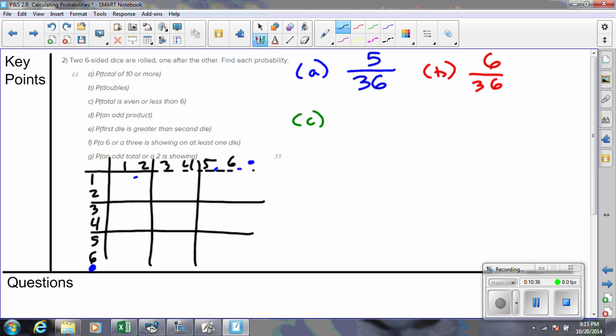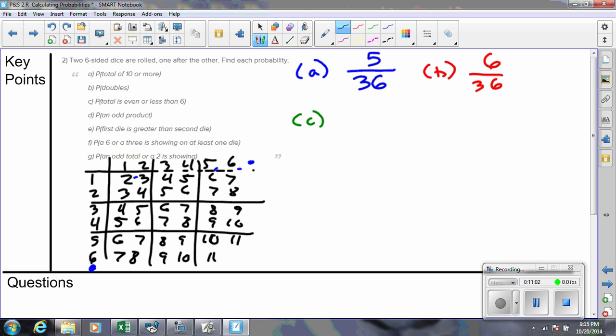So, taking our totals, 2, 3, 4, 5, 6, 7, 3, 4, 5, 6, 7, 8, 4, 5, 6, 7, 8, 9, 5, 6, 7, 8, 9, 10, 6, 7, 8, 9, 10, 11, 7, 8, 9, 10, 11, 12. Okay, there are all the totals. Now, how many of them are even or less than 6?